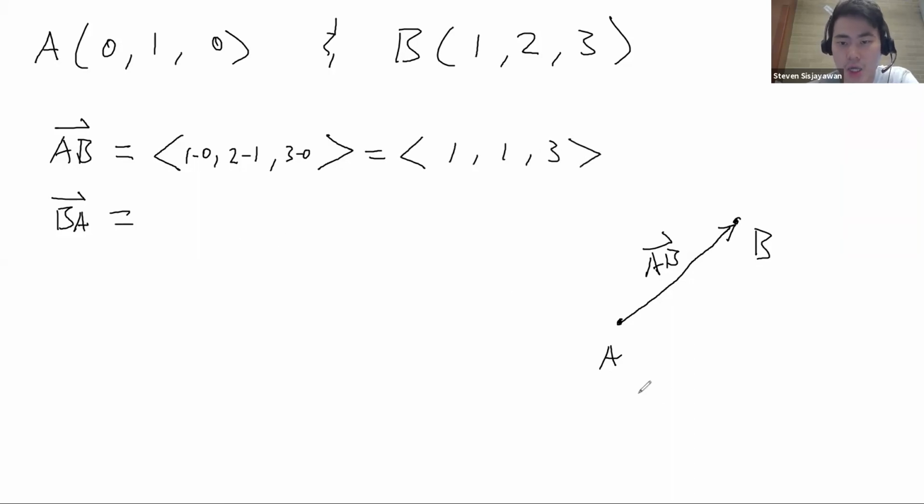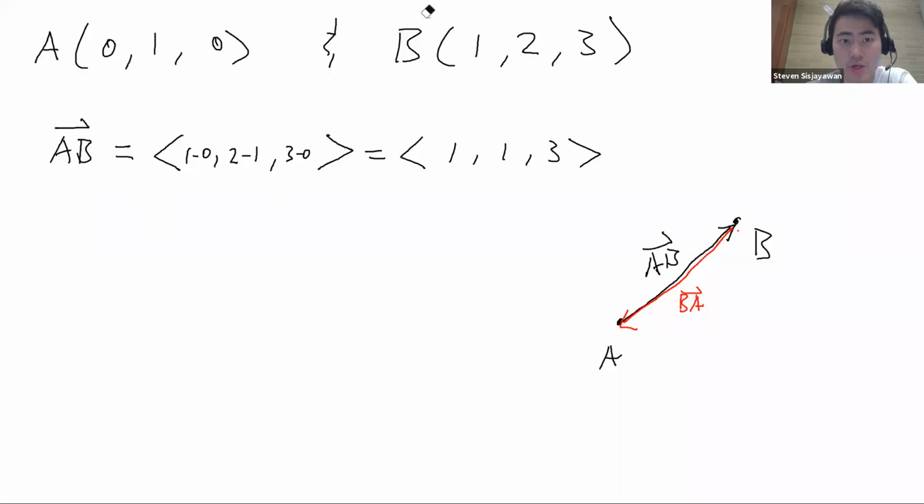Now let's look at B to A. Instead, I'm going to use red to represent this. So that's A to B, and this red vector going the other way is going to represent B to A. Again, same idea.